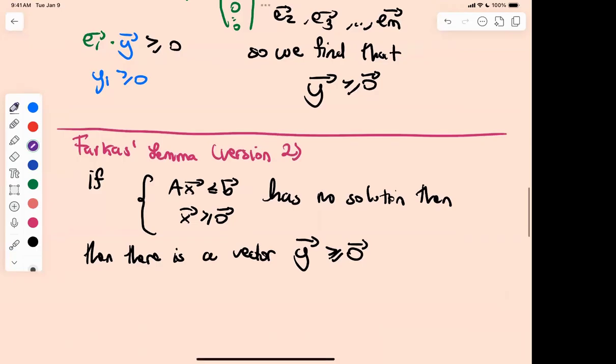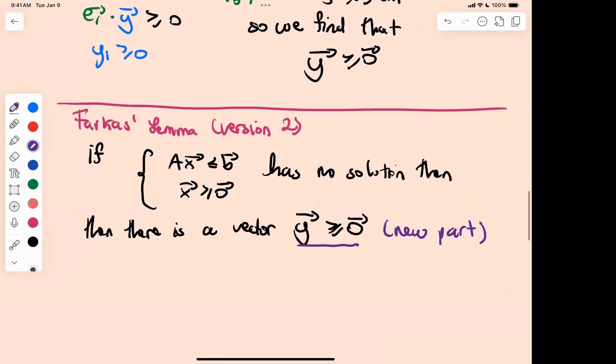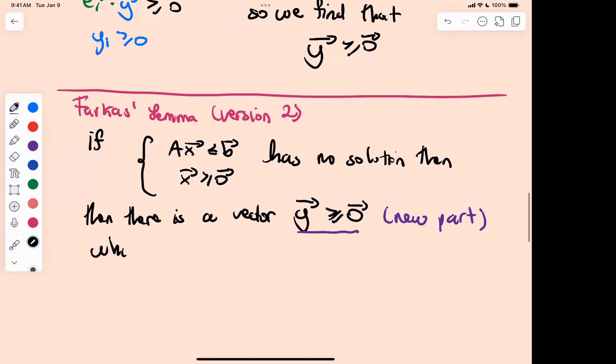So this is what's new. It can be separated from the columns of A, for which b can be, which is a normal vector to the hyperplane, right? So which separates b from the columns of A.